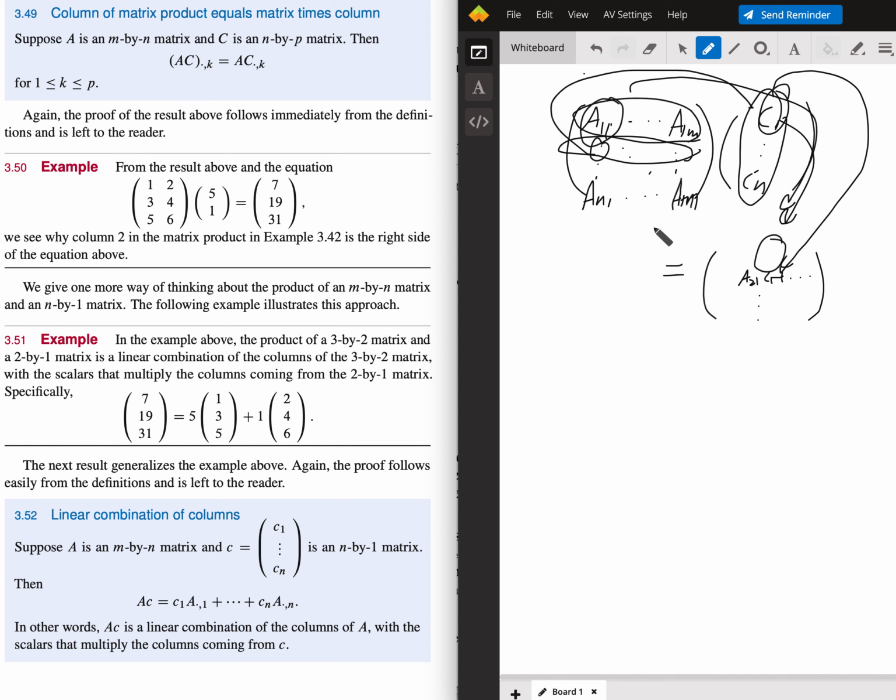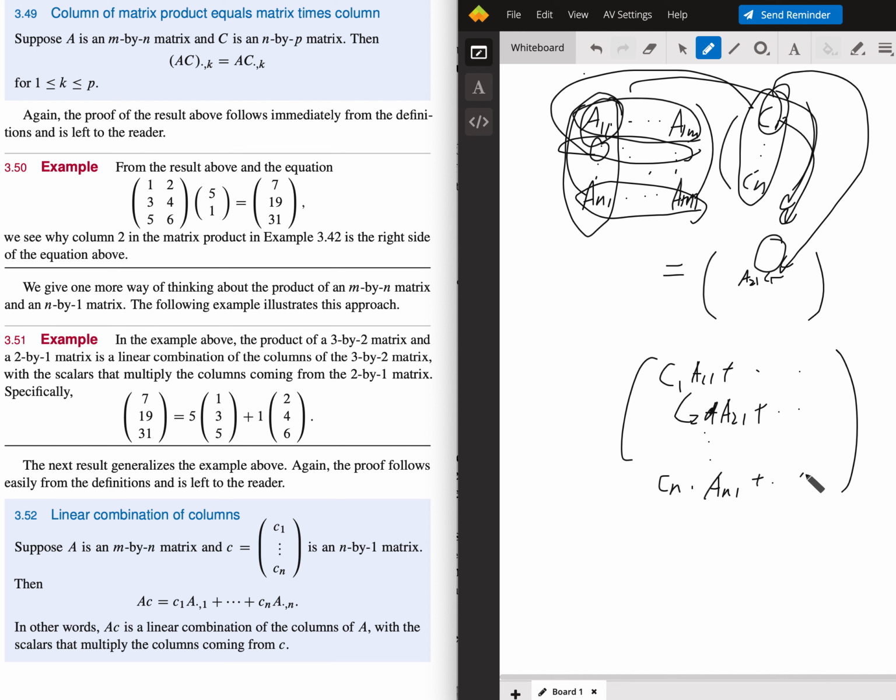So you can clearly see a pattern, because in matrix multiplication, when every row is being multiplied with c1 through cn, only the first element is being multiplied with c1. So you get c1 a11 plus a bunch of other junk, then c2 times a21, etc., through cn times a1n plus a bunch of other junk.